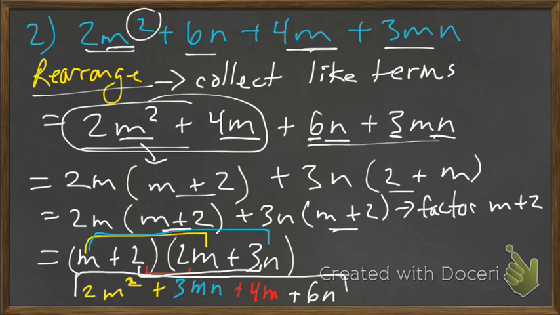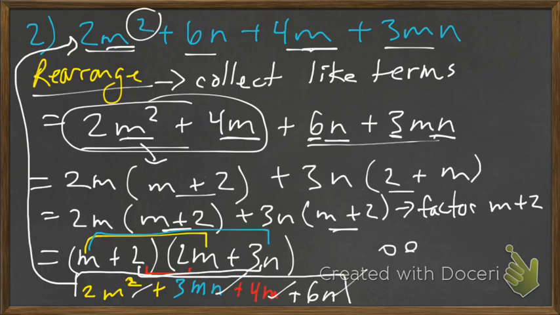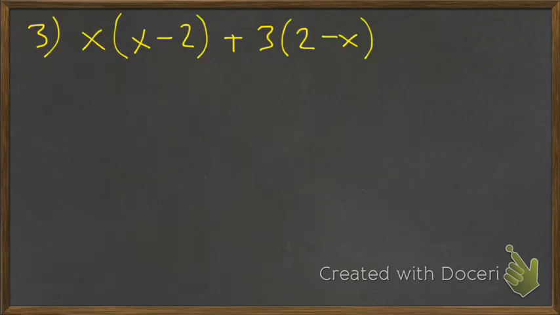And this should be the same as that. 2m squared is there, 3mn, 4m, 6n. We're good. Okay, last example.